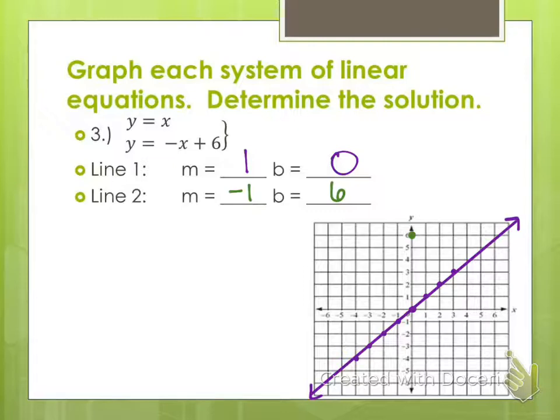To the right. So if we give the negative sign, we treat it like -1 over 1. We give the negative to the top. That means the bottom is positive. So down 1, right 1, down 1, right 1, down 1, right 1. And we keep doing that.